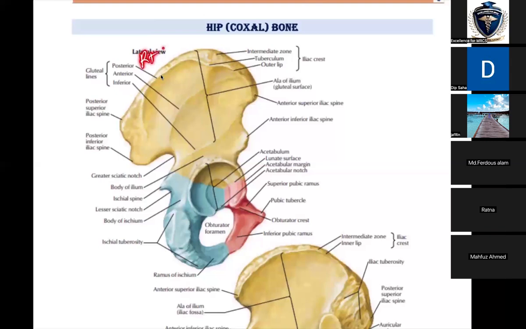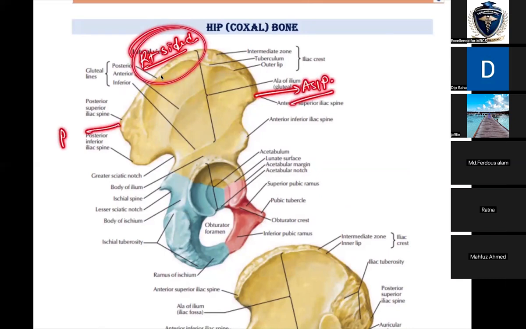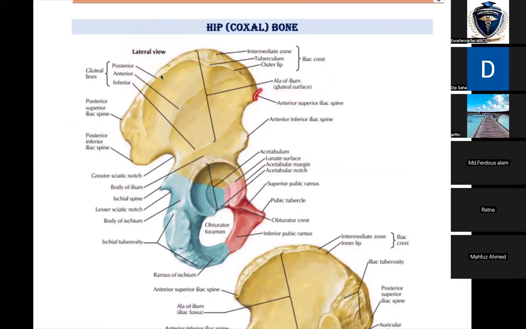Because the anterior superior iliac spine lies anteriorly, the posterior superior iliac spine lies posteriorly, and the acetabulum lies laterally. Yes, that is enough. So this is the anterior superior iliac spine. This is the anterior inferior iliac spine. This is the posterior superior iliac spine, and this is the posterior inferior iliac spine. And this is the acetabulum.